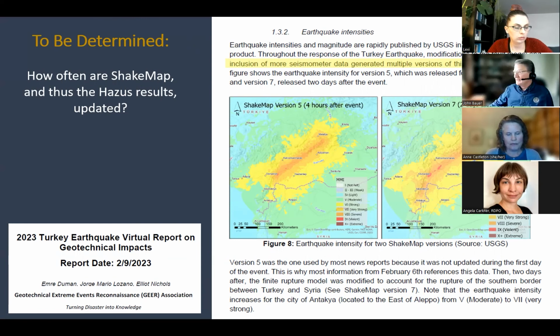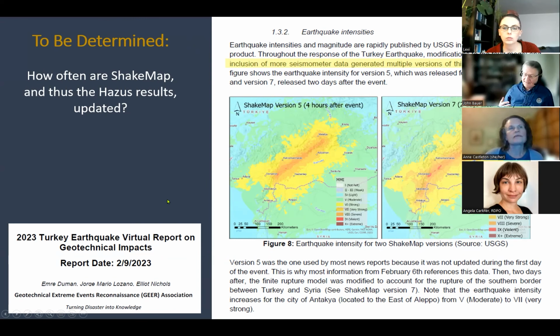That's what happened in that earthquake in Turkey we were talking about earlier. On the left here is ShakeMap version 5, which was put out 4 hours after the event. If you look at the revised version, once more seismometers came in and they adjusted the fault model, a lot more shaking went on in terms of spatial extent.